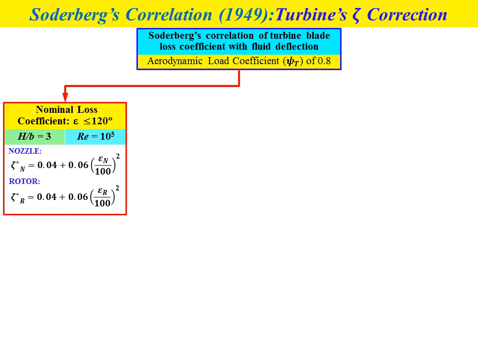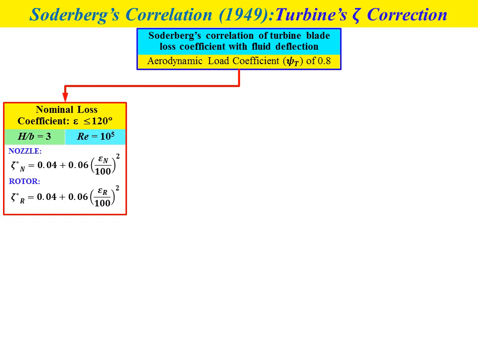So we have the formula for the nozzle, zeta n star equal to 0.04 plus 0.06 multiplied by epsilon n divided by 100, to the power of 2, and for the rotor, zeta r star equal to 0.04 plus 0.06 multiplied by epsilon r divided by 100, to the power of 2.